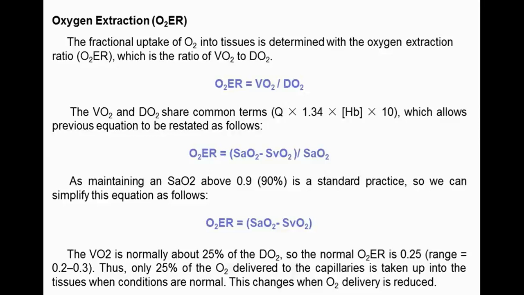So what is the perfusion status of this patient? Oxygen extraction will be how? The venous is 65, and the arterial is 100. 100 minus 65, so it will be 35. Is it normal or increased?